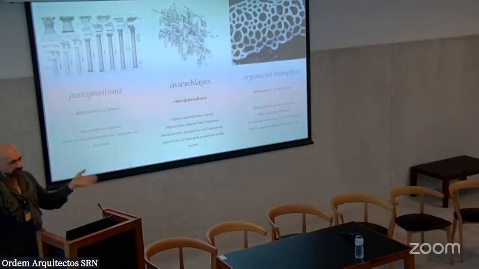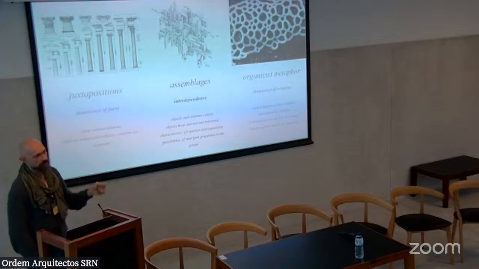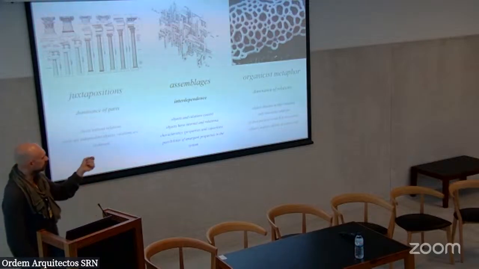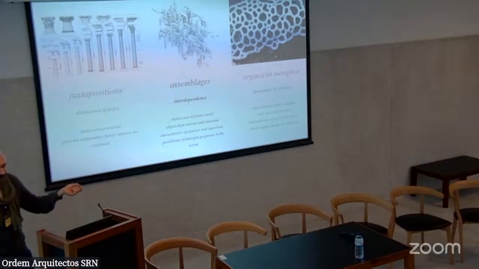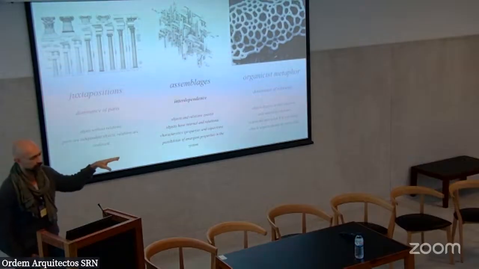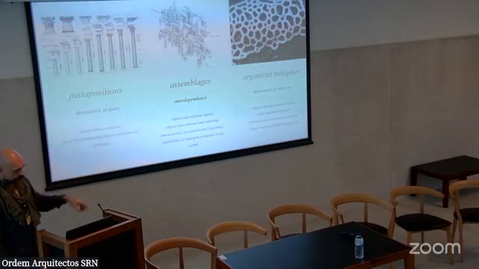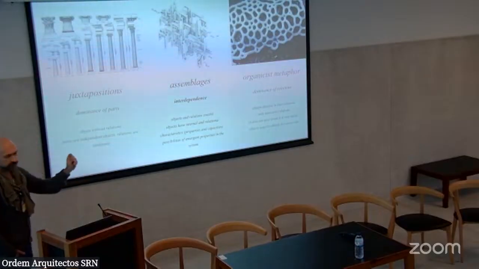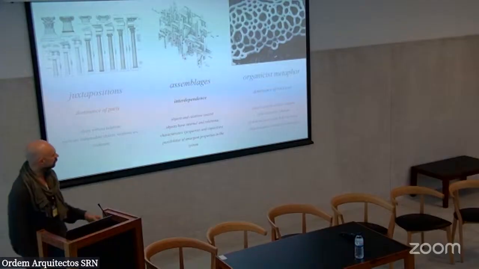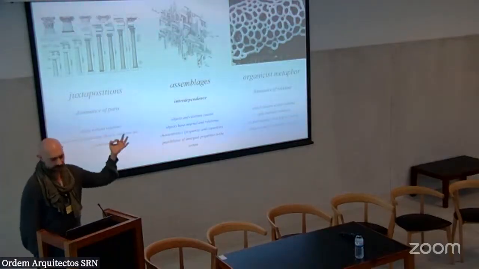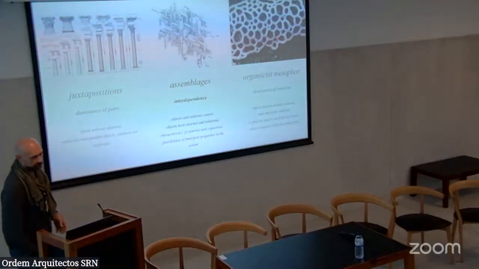You have a dominance of relations such that individual parts are meaningless. The parts take meaning only when they are in relation with one another. All the relations are relations of interiority that define the organism. So there is no individuality. Anything that is taken away from the organism loses its meaning.